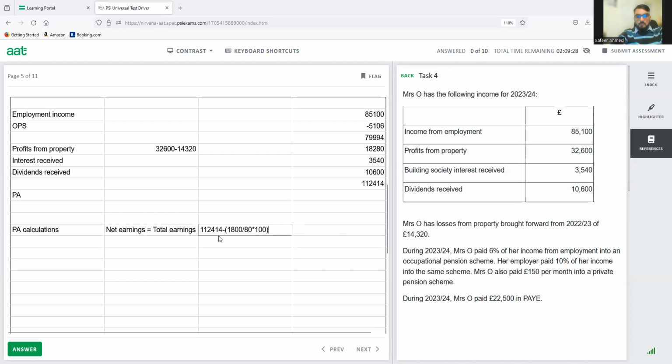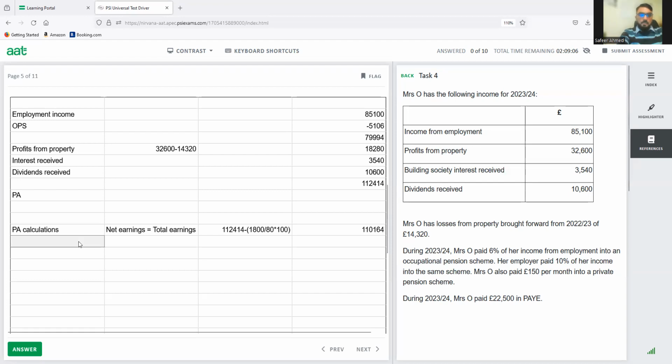In terms of this personal allowance calculation, the net earnings we already determined here, which is of course total income 112,414 minus gross personal pension contribution, which is 2,250, gives you 110,164.